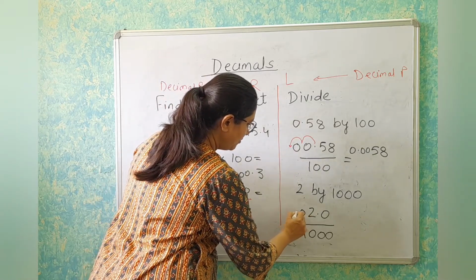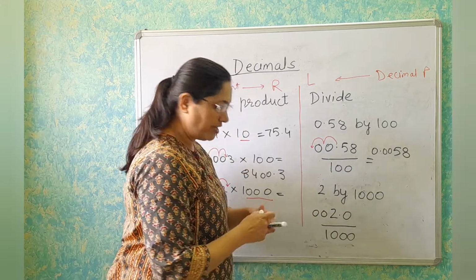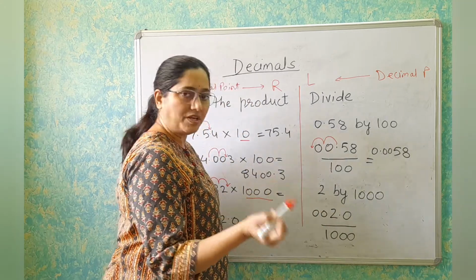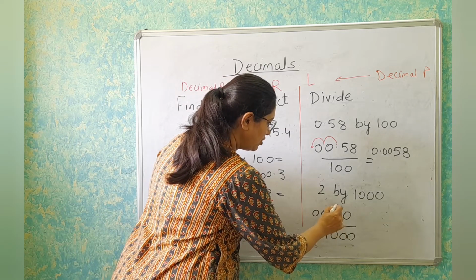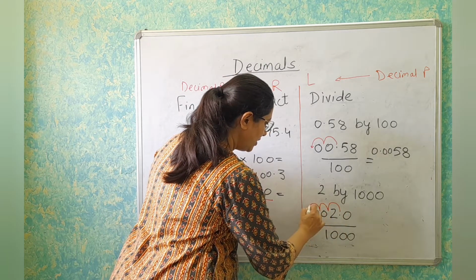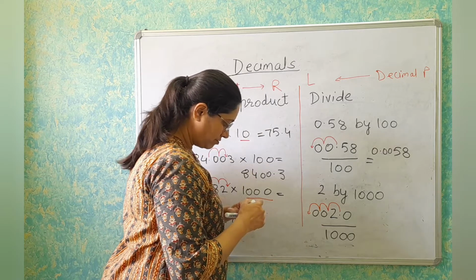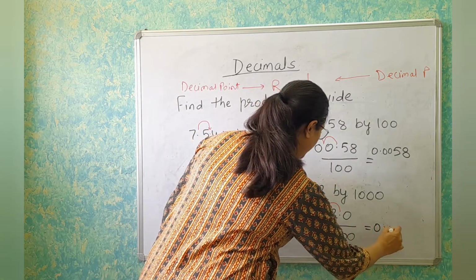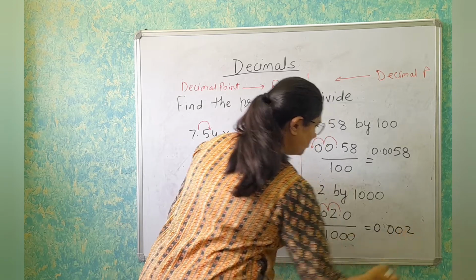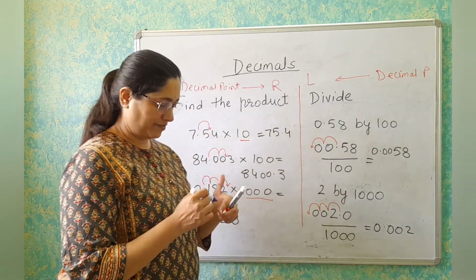So I will write 1 and 2 zeros. Our decimal point will shift three places. It is after 2, but it will shift 1, 2 and 3. So our answer will become 0.002. This is the answer.